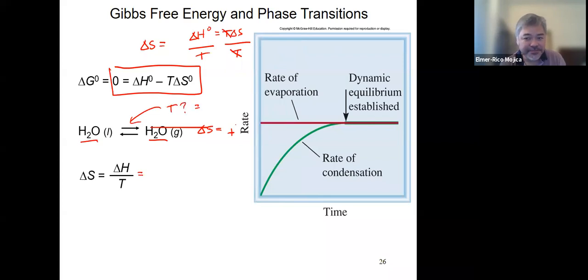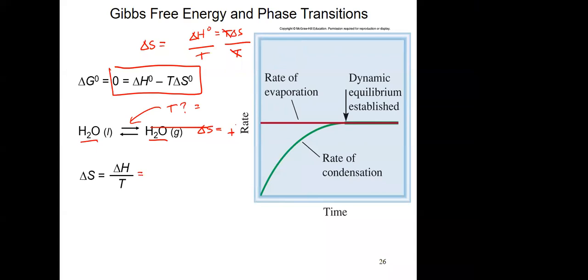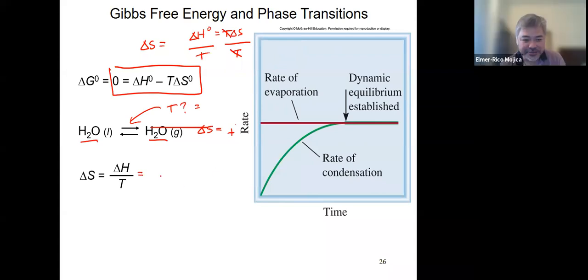Anyone? 100 degrees Celsius. And what do you think the delta H here is? That's the delta H of vaporization, which is 40.79 kilojoules per mole, divided by 373 Kelvin.